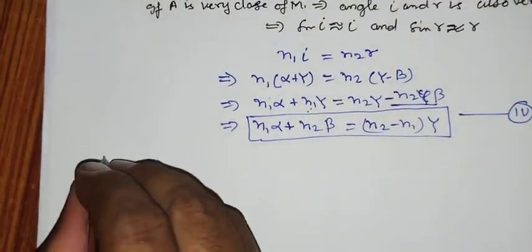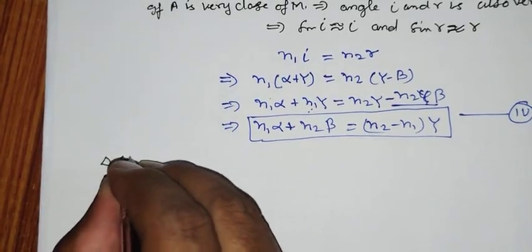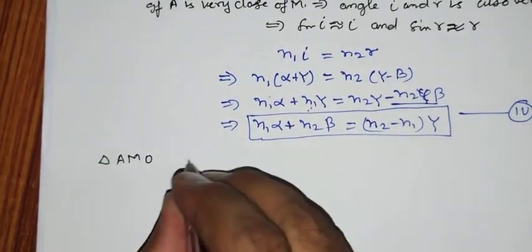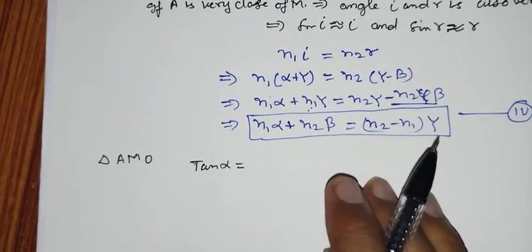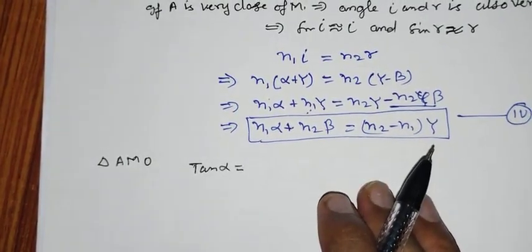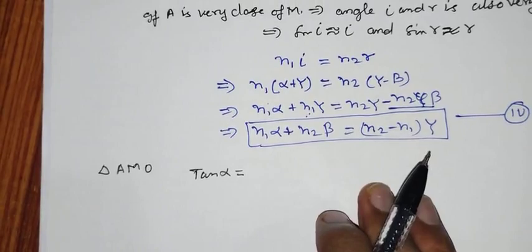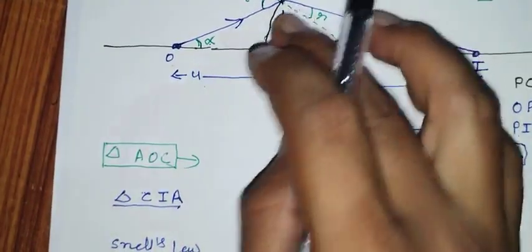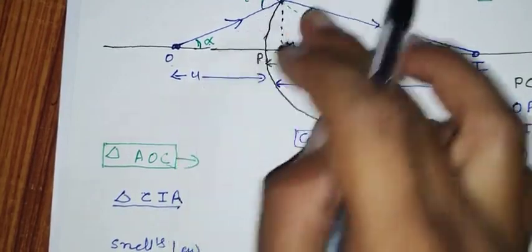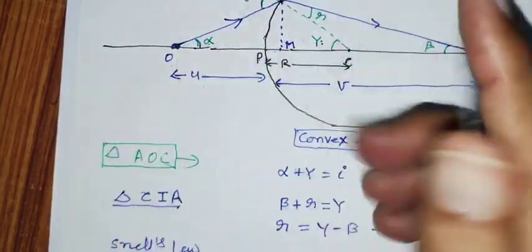In triangle AMO, tan alpha is equal to perpendicular by base, AM by OM.